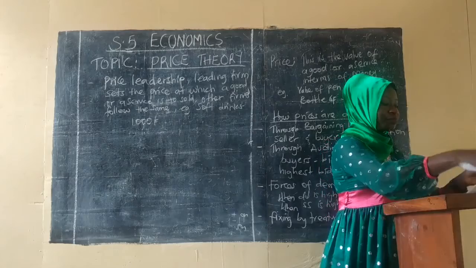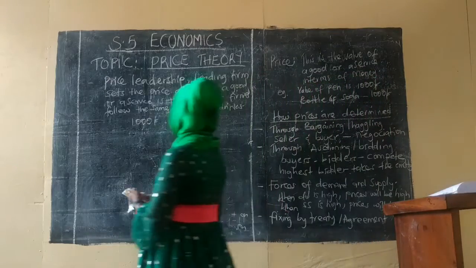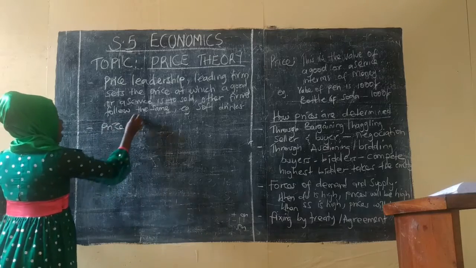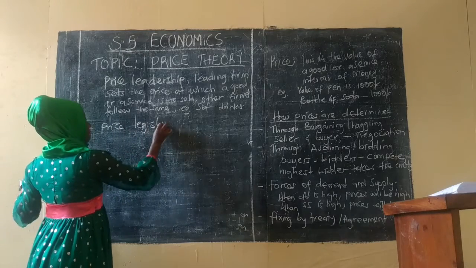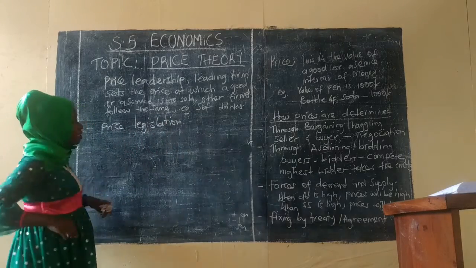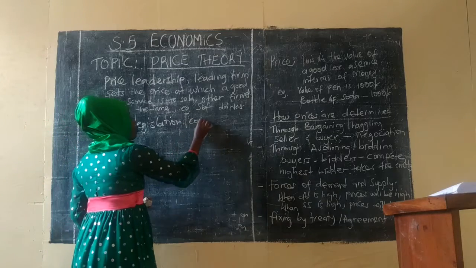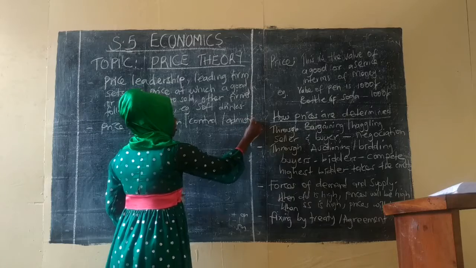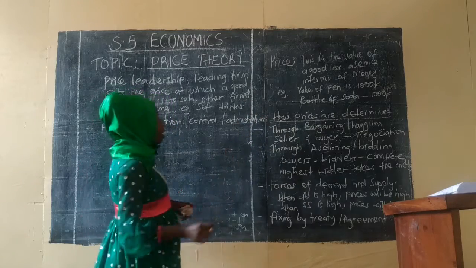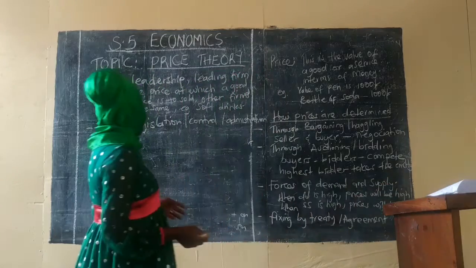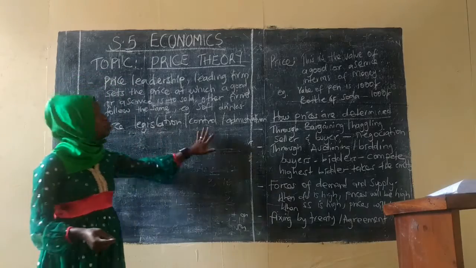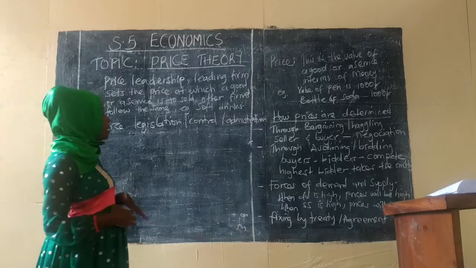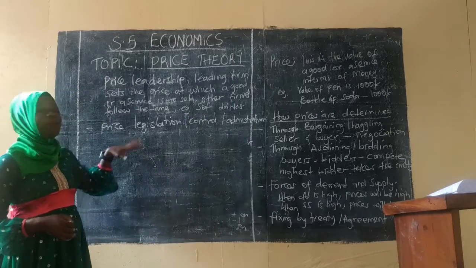My other is called price legislation, or we can call it price control or price administration. How are prices determined? Through price legislation or price control or price administration. Here we are simply looking at the government coming in to set prices of commodities.